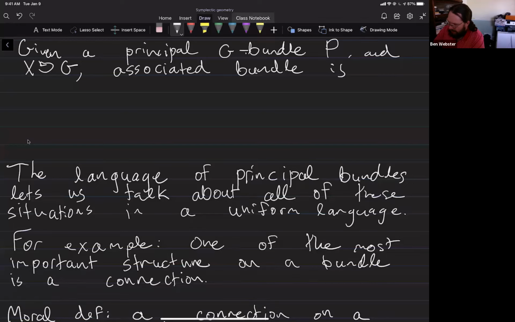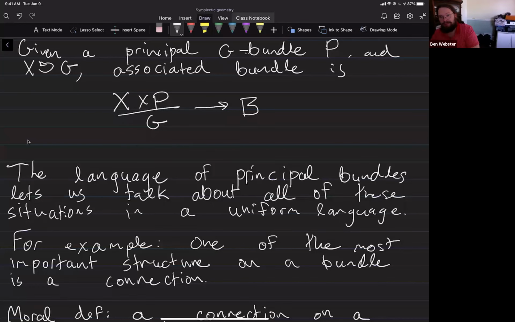I look at X cross P and I mod out by the diagonal action of G. And that has a map down to B, which is: take your point in P and look at what its image is in B. So this allows you to construct a vector bundle by looking at GL_n acting on R^n and taking this associated bundle for it.